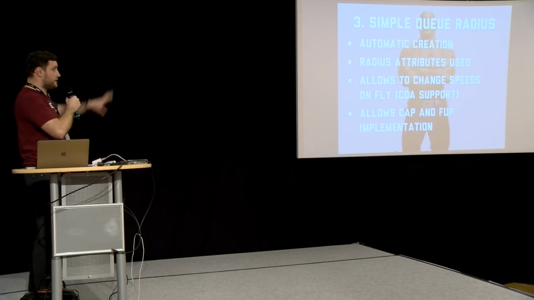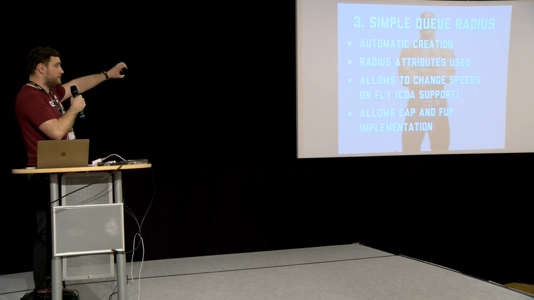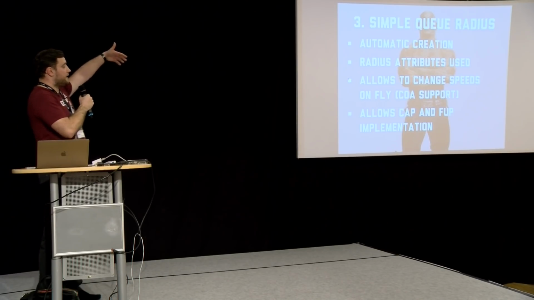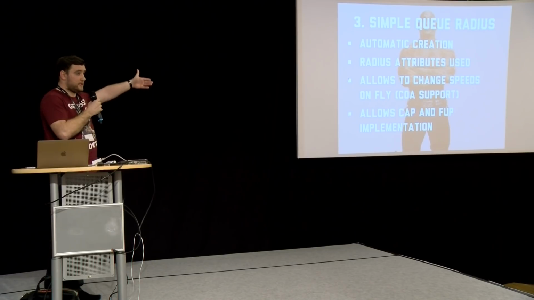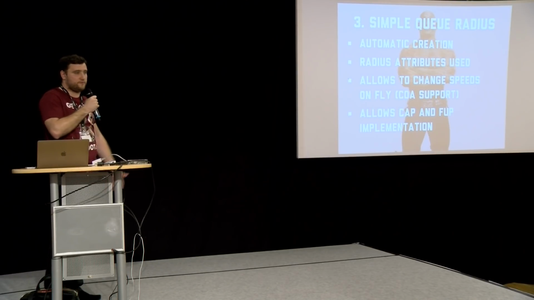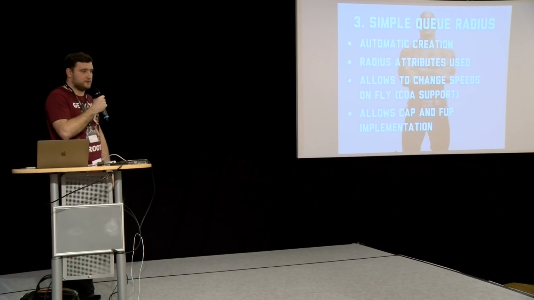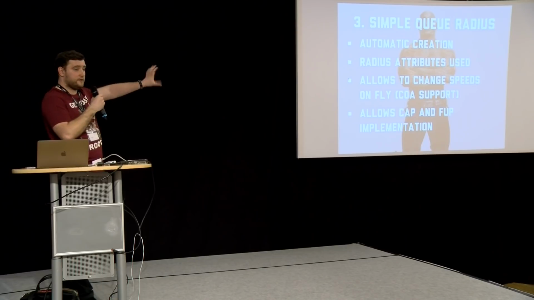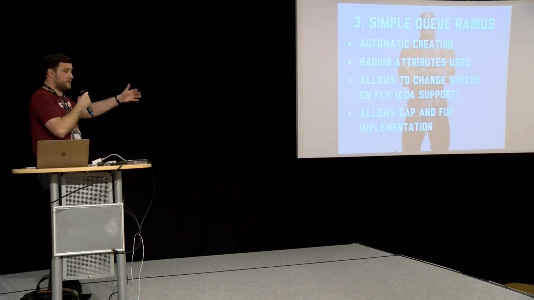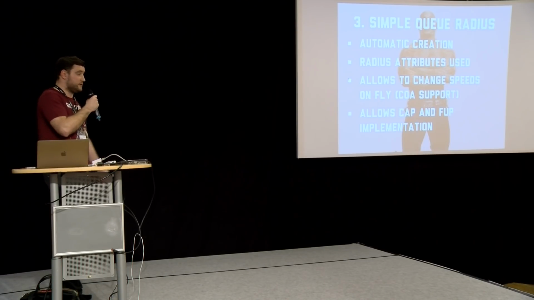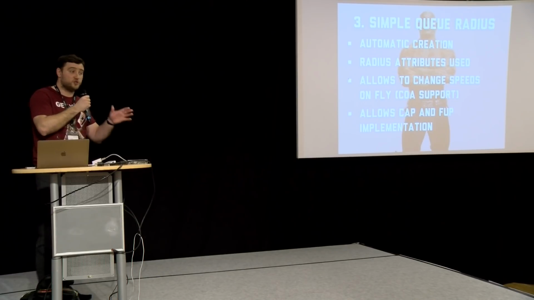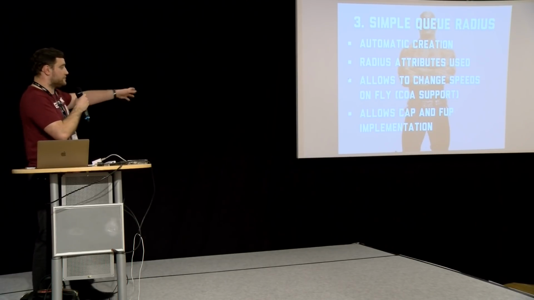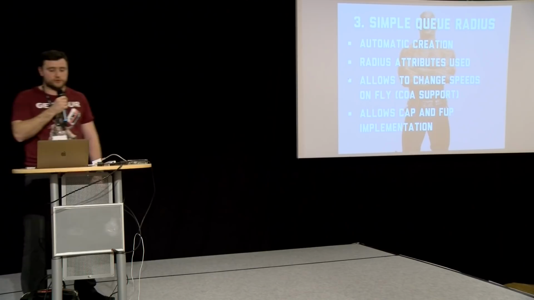Simple queue, RADIUS, automatic creation and RADIUS attributes we use. I recommend you to use this type of queuing because it helps you so you don't have to manage it manually, if your RADIUS server allows it. And then you can change the speeds on the fly. For example, if you need to disconnect the client or slow him down a bit if he is downloading too much. And it allows you the implementation of a fair user policy.